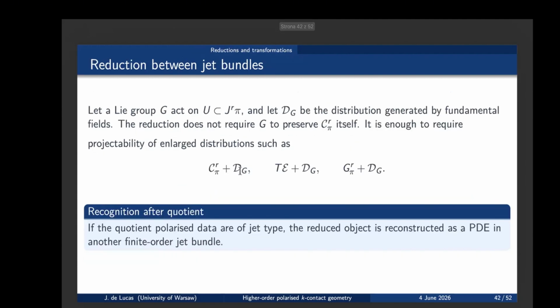One of the results I found very interesting is that we can do a reduction of partial differential equations. The nice thing is that it's no longer by means of prolongation of vector fields or contact transformations. Those are particular cases of this theory.